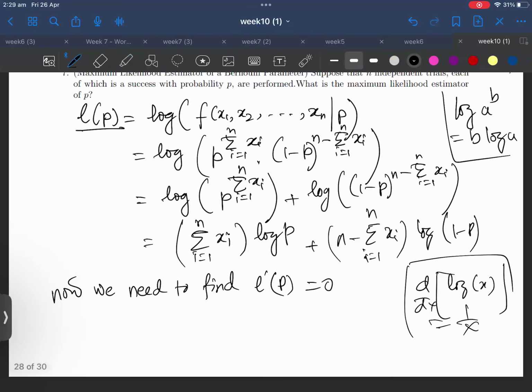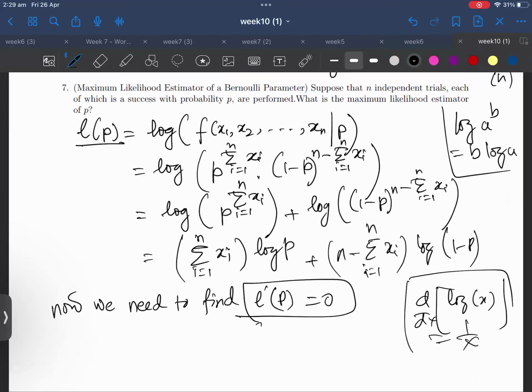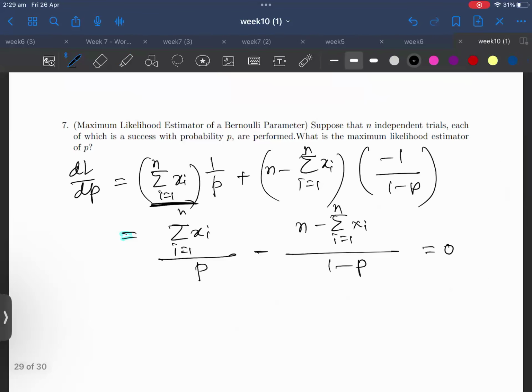So as we said, we need to find this part. So we found dL over dp and we need to set it to zero. So this we can write like this: summation of xi over p equals n minus summation of xi over 1 minus p.